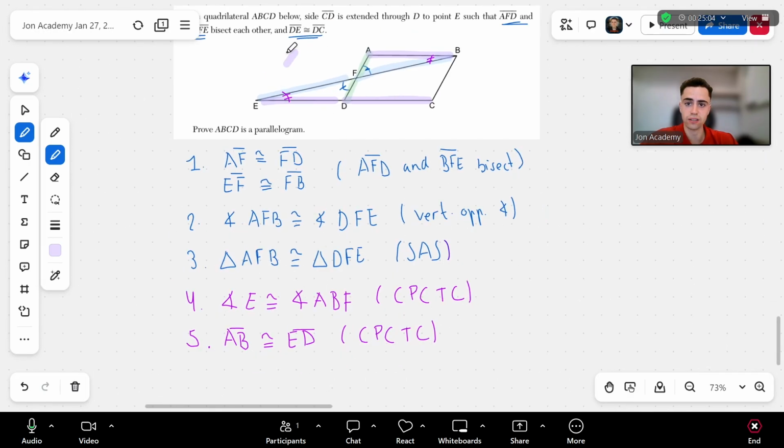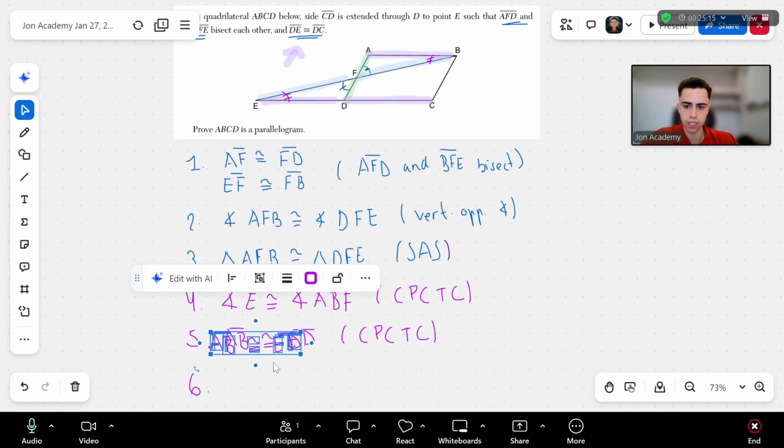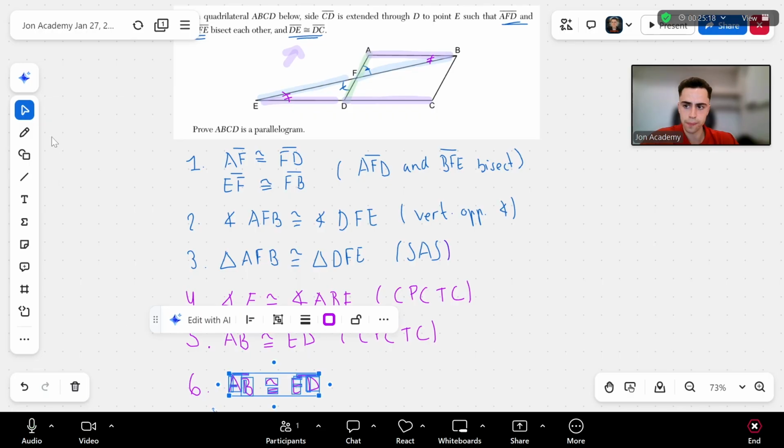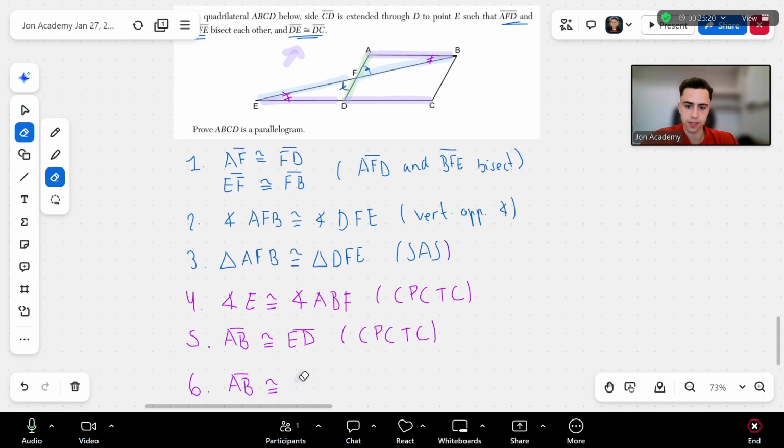So using the fact given in the exercise at the beginning, we could say number 6 is gonna be that AB, we bring it here, is congruent with DC. And this comes from the fact that ED was congruent with DC. And that was also given in the exercise.